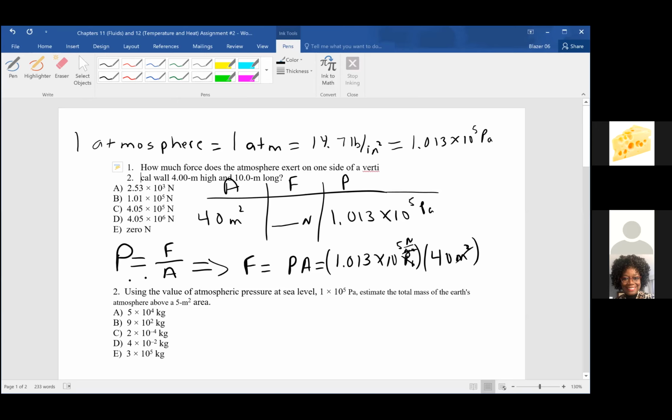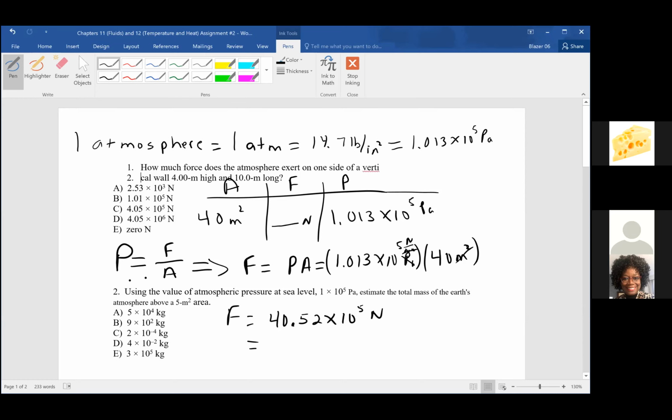So then my force, we get 40.52 times 10 to the 5th newtons. But of course, they want us to write this number in scientific notation, as we can see here.